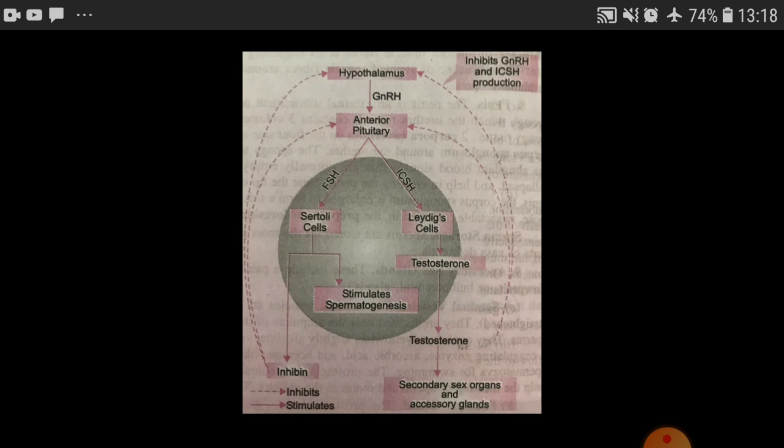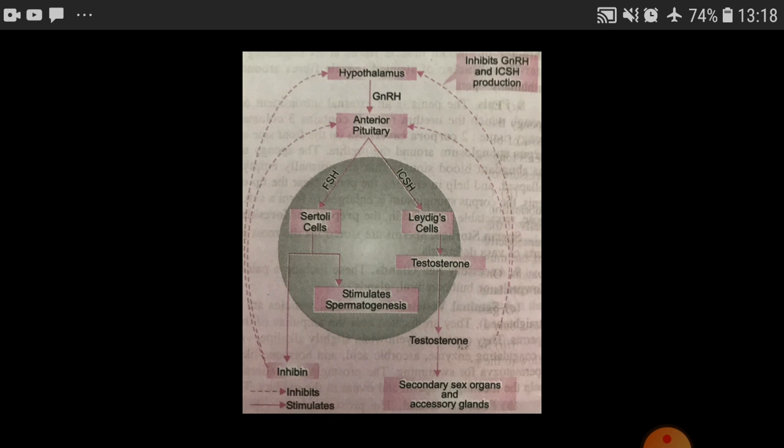Similarly, growth, maintenance and functions of seminiferous tubules and the Leydig cells are regulated by follicle stimulating hormone, that is FSH, and interstitial cell stimulating hormone, that is ICSH, of the anterior pituitary, that is adenohypophysis. The release of FSH and ICSH in turn is regulated by the hypothalamic gonadotrophin releasing hormone from the hypothalamus.